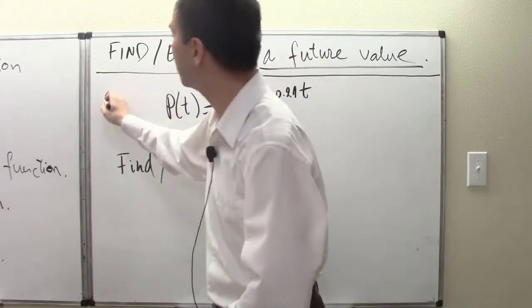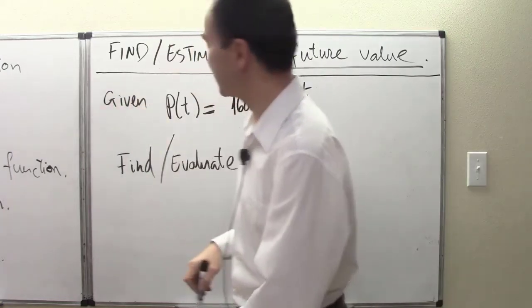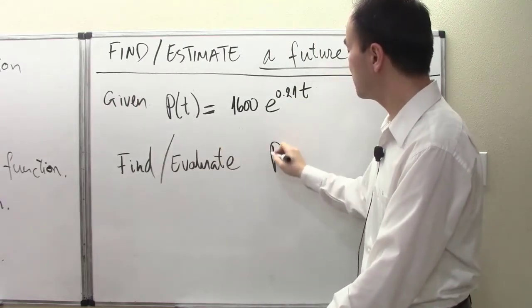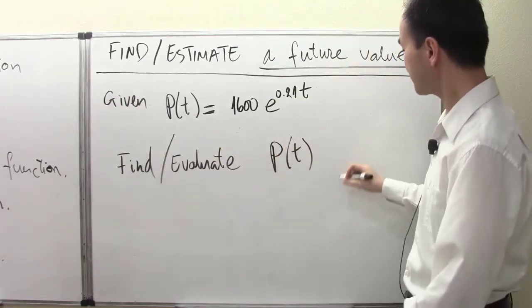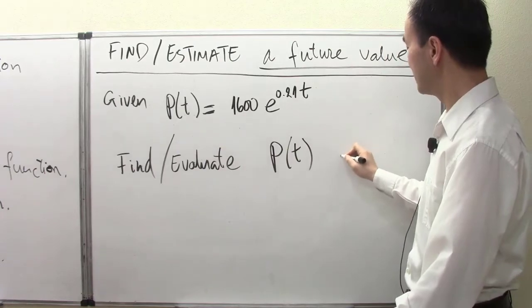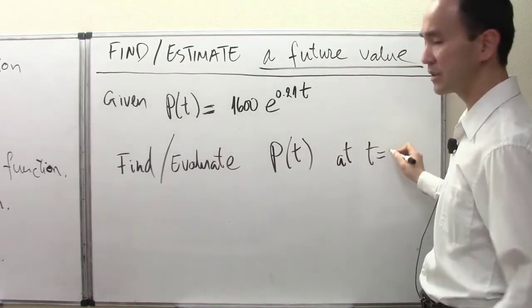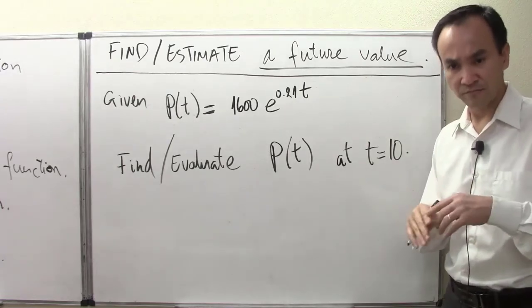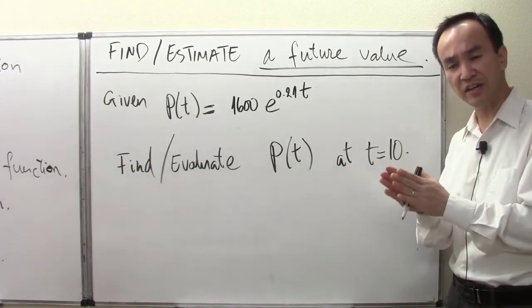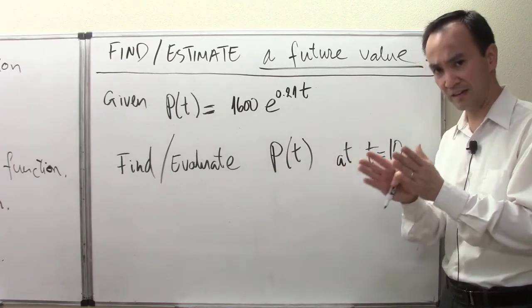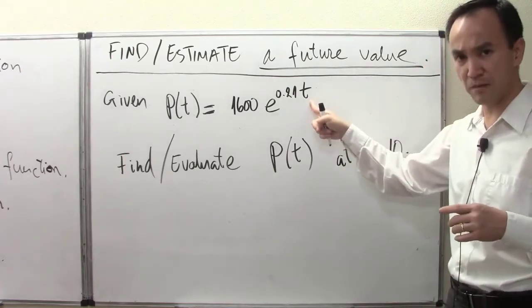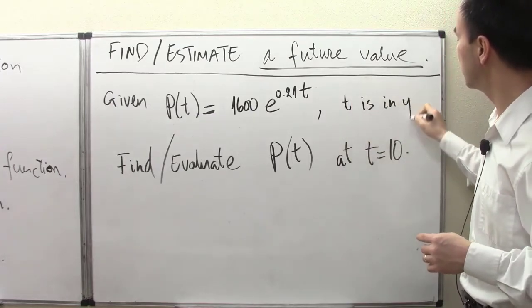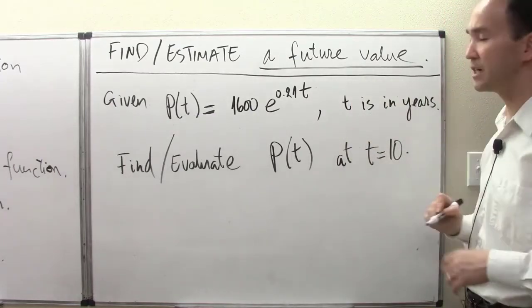We have that as given, and now we just want to find or evaluate P of t at t equals 10. That's what it is. 10 years. Find the size of the bacteria population in 10 years. And t is the variable that's measured in years. Okay? t is in years.